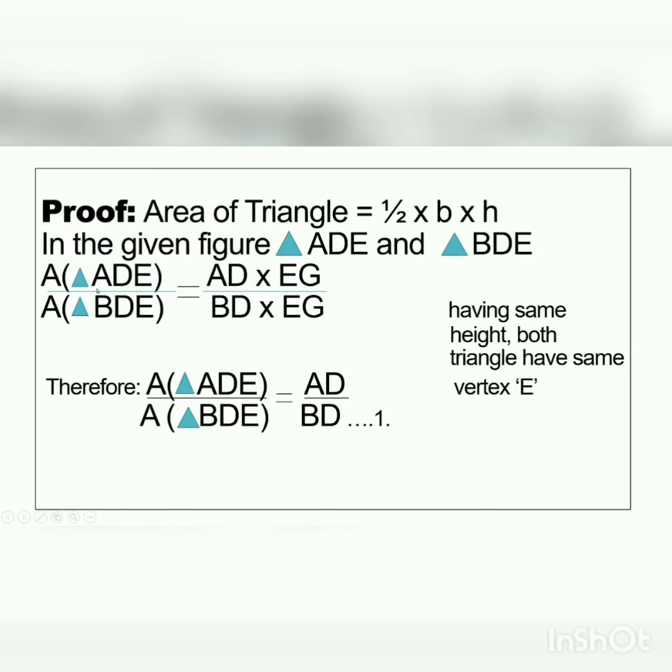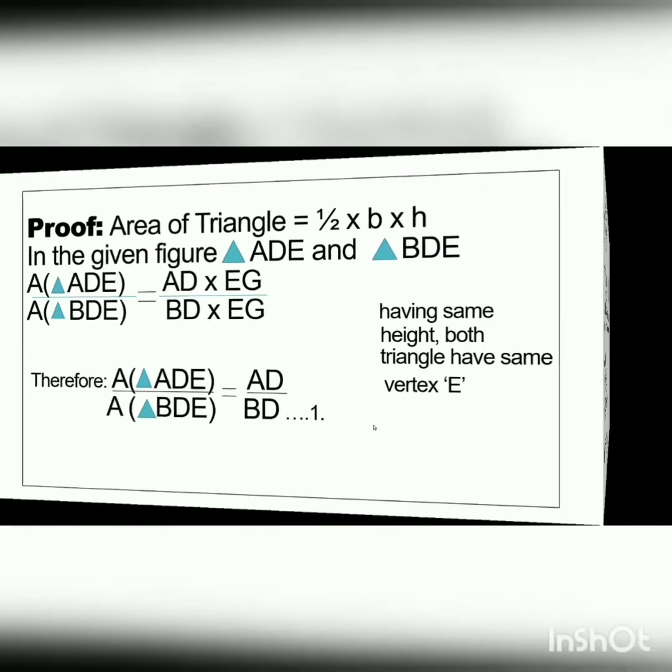So area of triangle ADE upon area of triangle BDE is equal to AD into EG upon BD into EG. You can give the reason: having the same height, both triangles have the same vertex E. So you can write area of triangle ADE upon area of triangle BDE is equal to the ratio of bases, AD upon BD. This is our equation first.